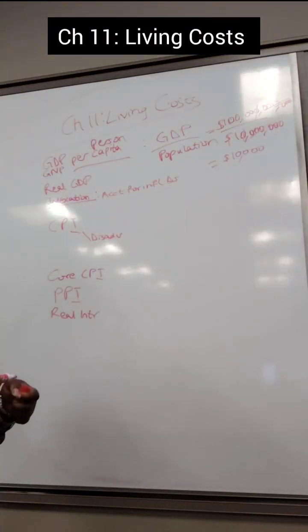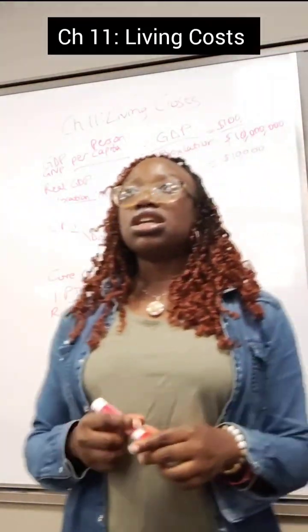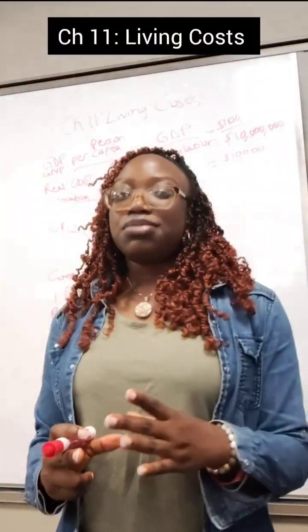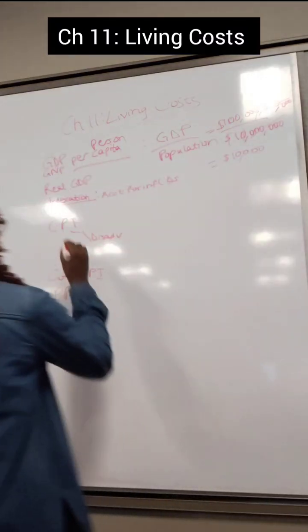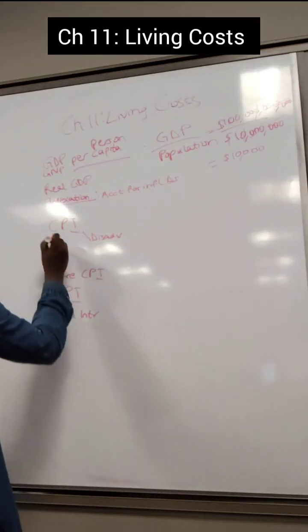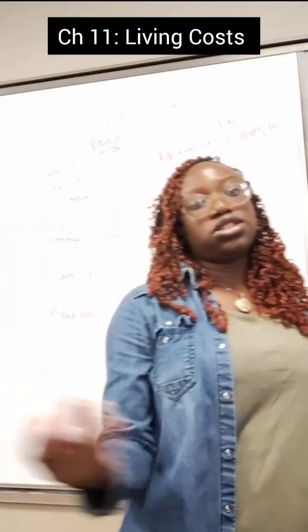So what is CPI? CPI means consumer price index, and it measures the changes in the basket of goods bought by consumers at any given time. Usually CPI is on a monthly basis, published by the Bureau of Labor Statistics in the United States, but it could also be aggregated to a yearly or quarterly basis.